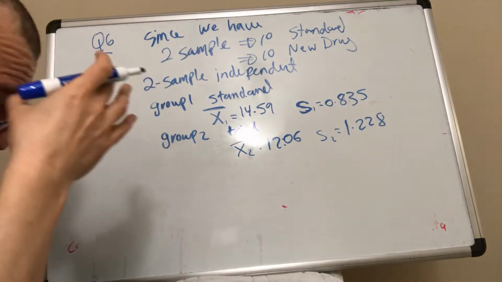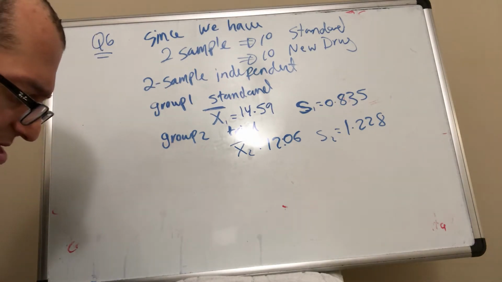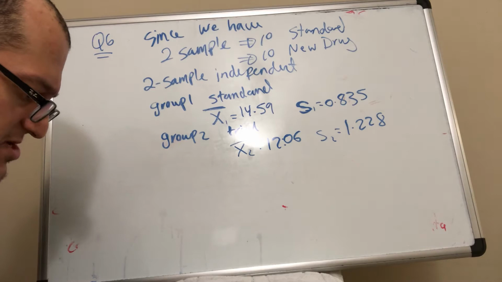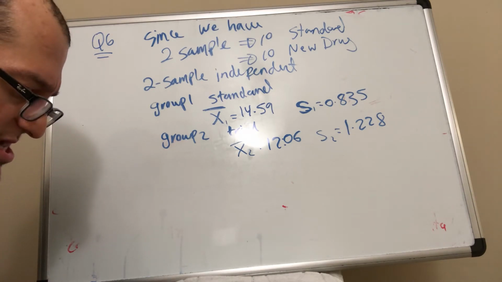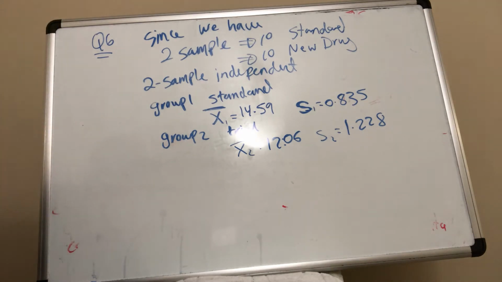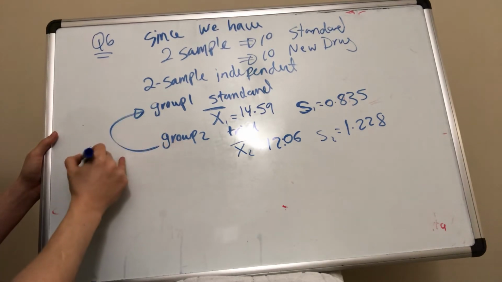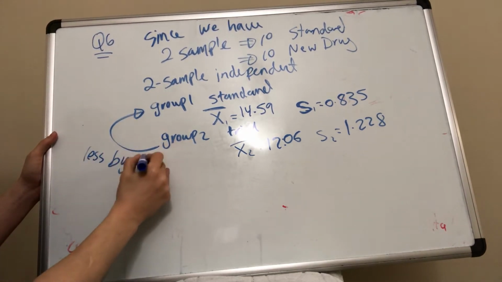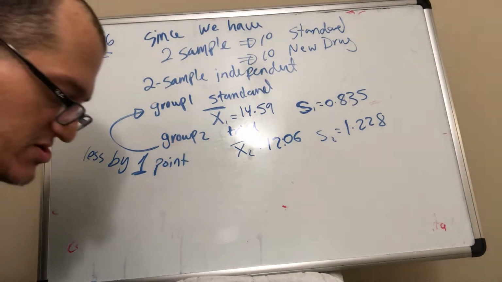Now the question is, researchers feel that to fund this research, the trial drug has to lower the A1C by a full point. So this must be less than this by 1 point in order for them to continue with the trial.